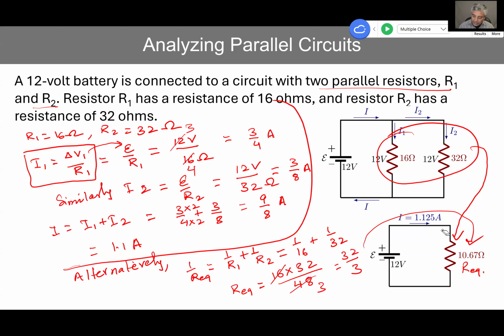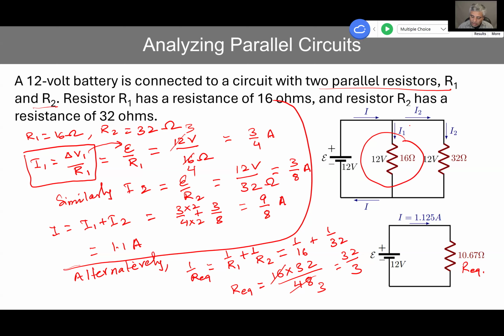So let me talk a little bit about a mistake often made in this kind of circuit analysis. Over here, I found this current I1 by just using this number and 16 ohm, right? I was able to do that because they are in parallel, so the voltage is the same.